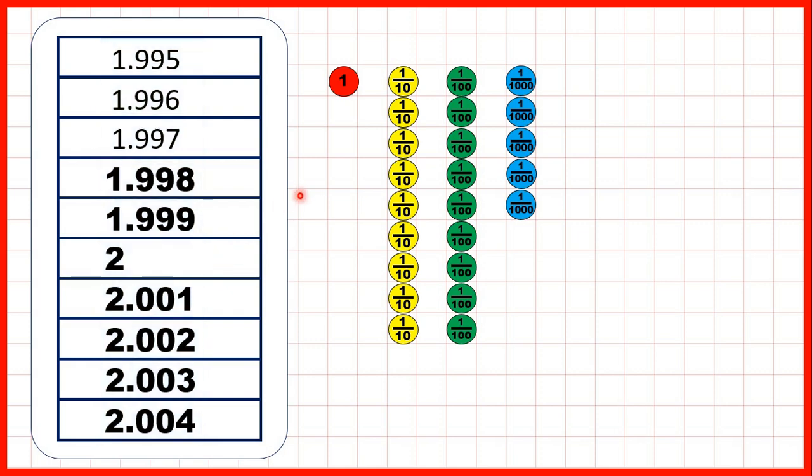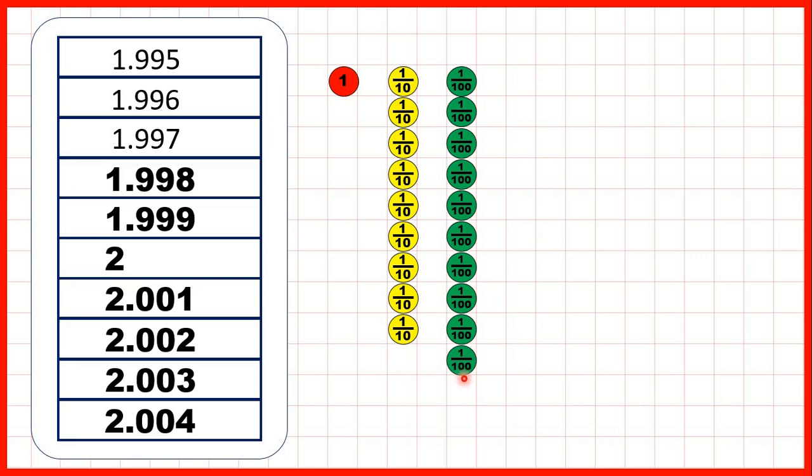And we can see that again if we count using the place value counters. We started with 1 whole, 9 tenths, 9 hundredths and 5 thousandths. We kept on adding thousandths, but then when we got to 10 thousandths, we had something that's the same as 2 wholes. To see that, spot that if we have 10 thousandths, we can exchange those 10 counters for 1 hundredth counter.